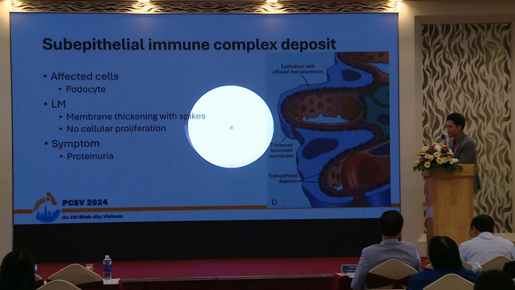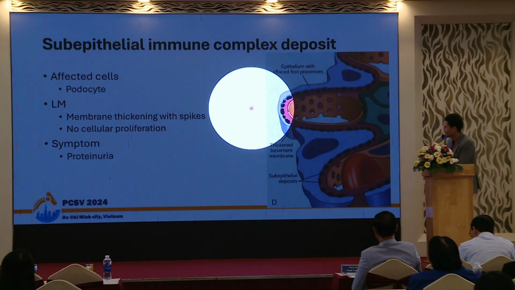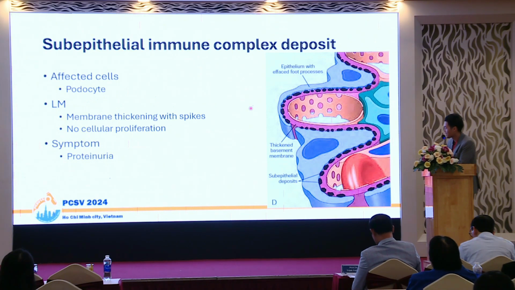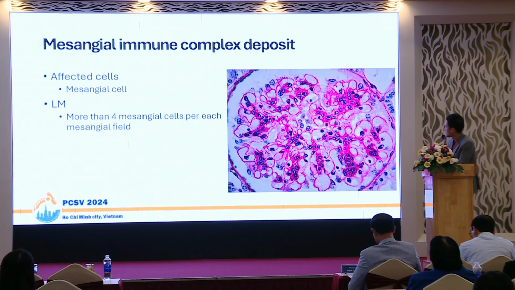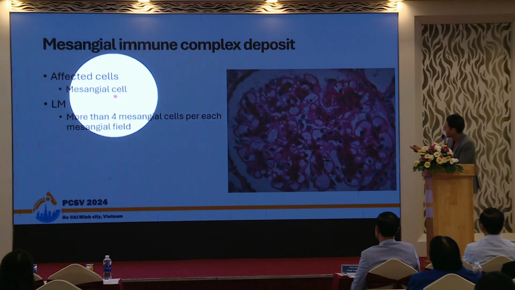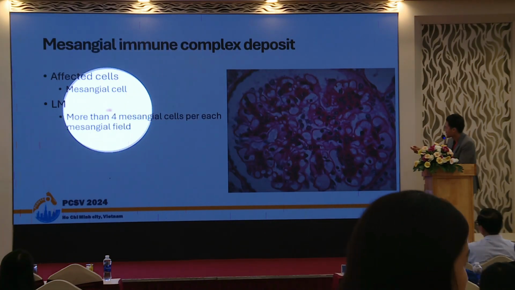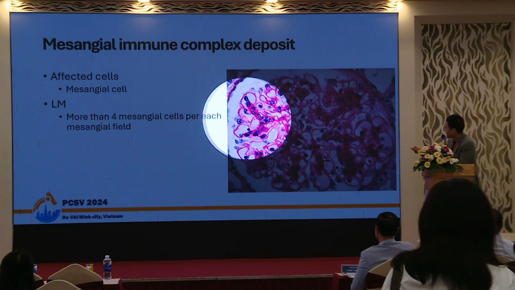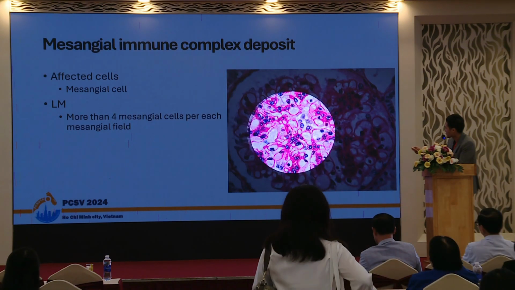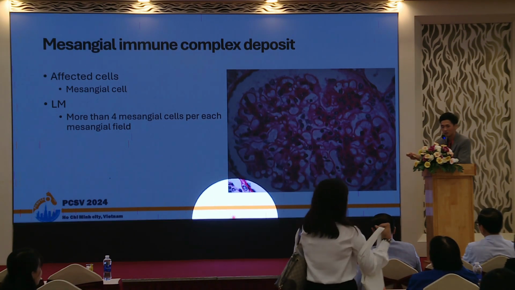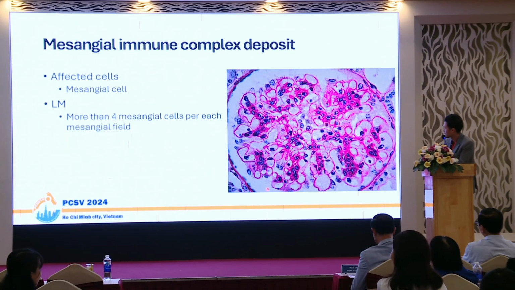And because podocytes are damaged, patients probably would have proteinuria. In mesangial deposit, the affected cells are mesangial cells, which makes mesangial proliferation or mesangial hypercellularity.